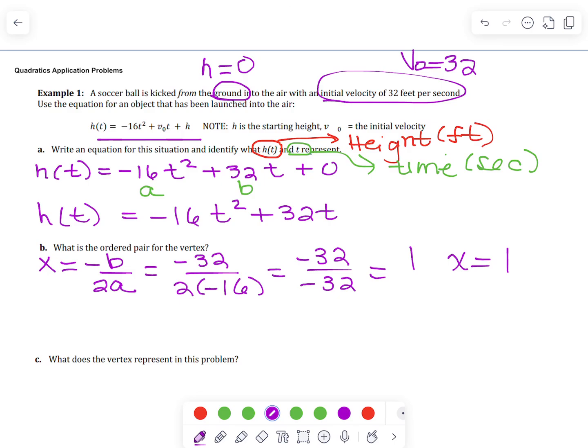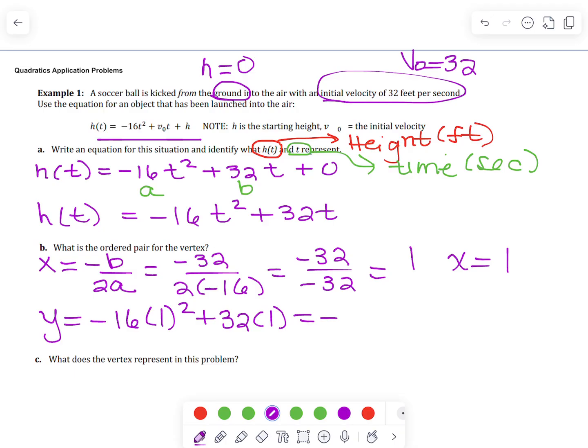To find our y coordinate, we substitute 1 into the function for t. So negative 16 times 1 squared plus 32 times 1. And then we simplify that.